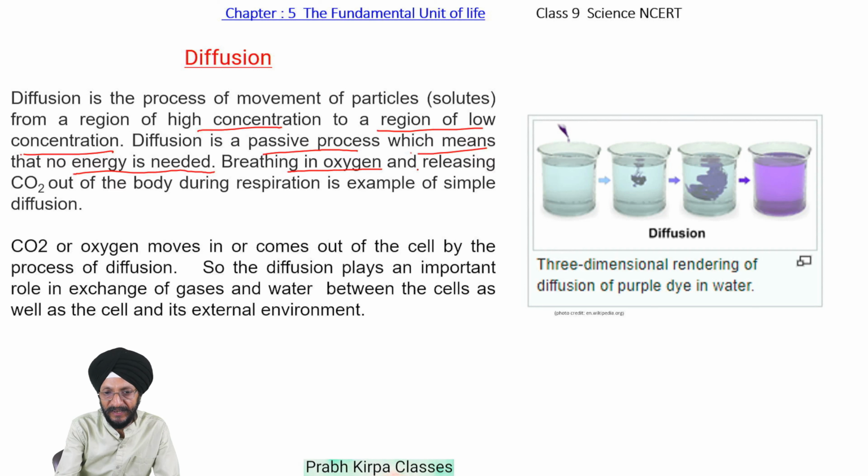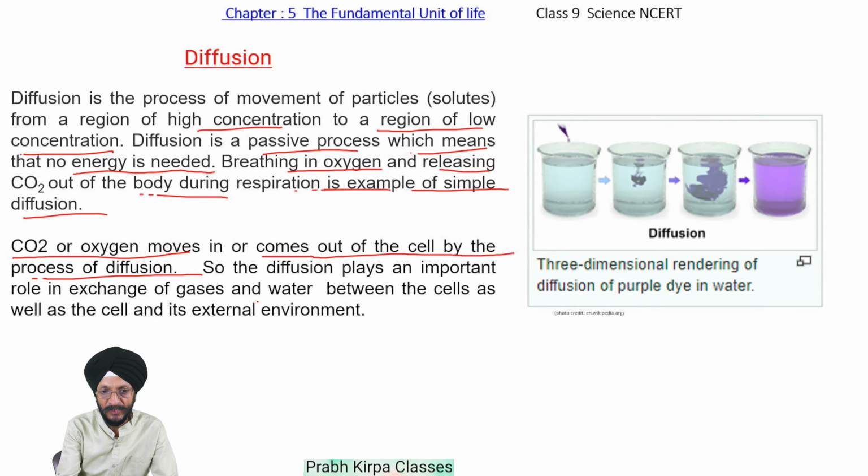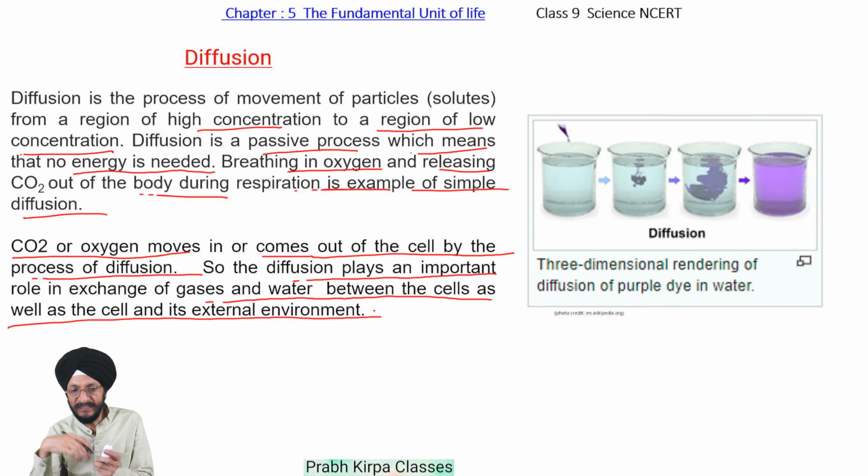Breathing in oxygen and releasing carbon dioxide outside the body during respiration is an example of simple diffusion. Carbon dioxide or oxygen moves in and out of the cell by the process of diffusion. So diffusion plays an important role in the exchange of gases and water between the cells as well as the cell and its external environment.